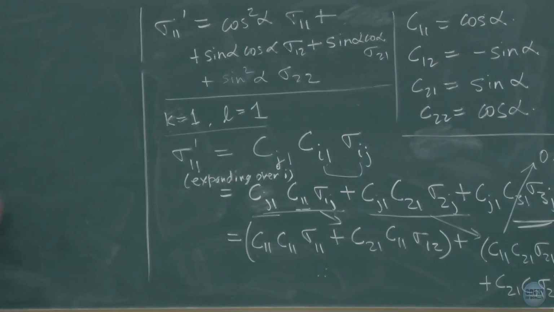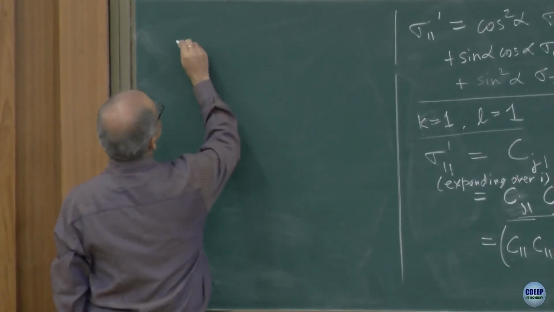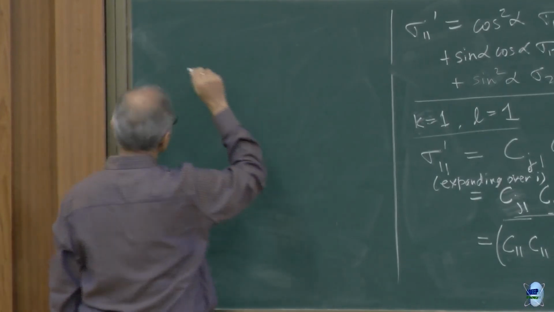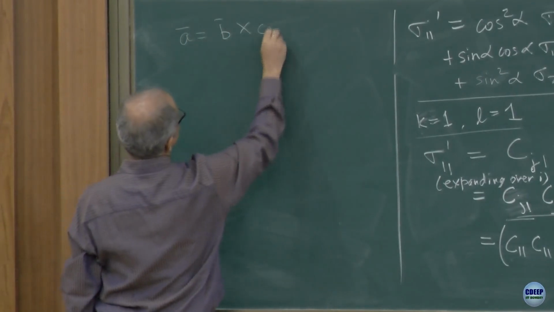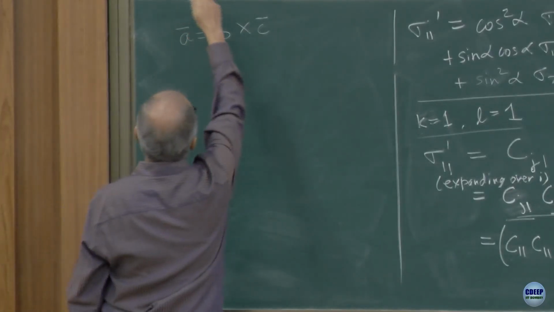Now, where will you see this epsilon? We have not said anything about epsilon. So now let us talk about a vector product, a cross product of vectors. Let us say that vector A is equal to vector B cross vector C. Now, how do I write this? We will write it using this epsilon term.